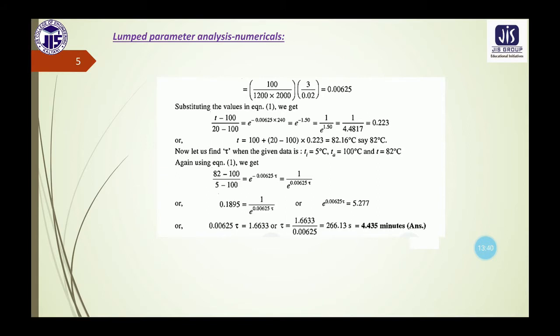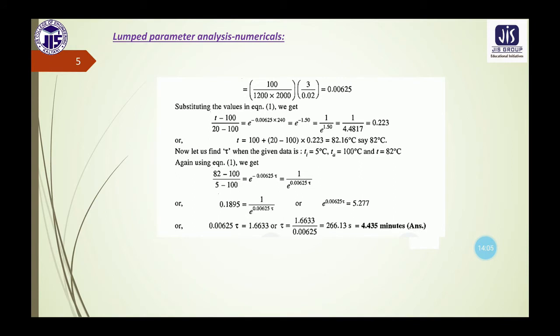All the other values except T are known or given in the question. That means we can easily calculate the value of T from this equation. The value of T we are getting is 82.16 degrees centigrade, which is approximately equal to 82 degrees centigrade. Now we need to find the time, that is tau.